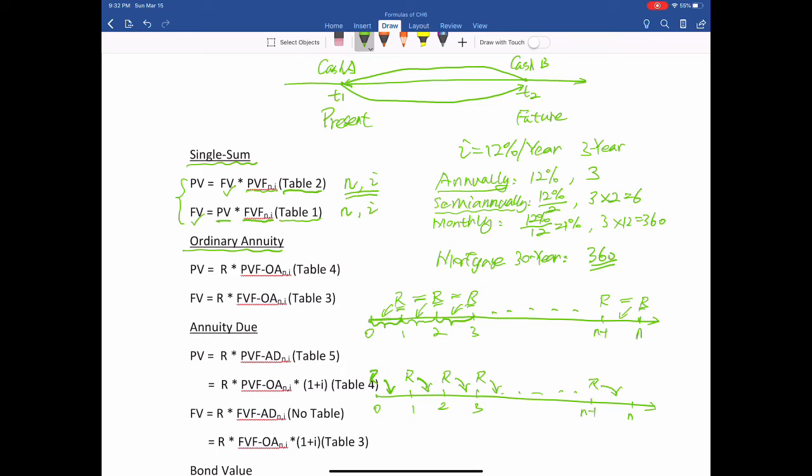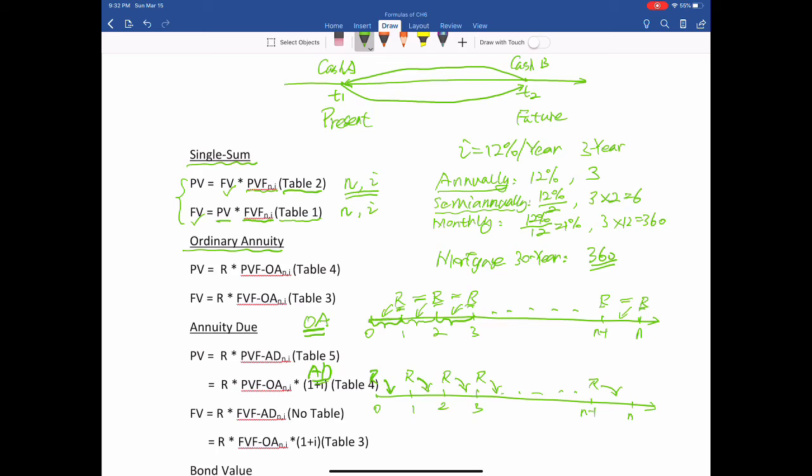To calculate the present value of this cash flow, I use OA to represent ordinary annuity and AD to represent annuity due. We have n rents at the end of each period, right?